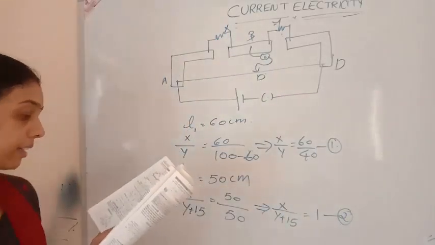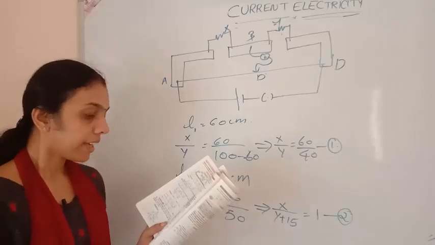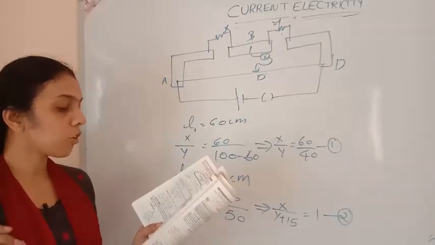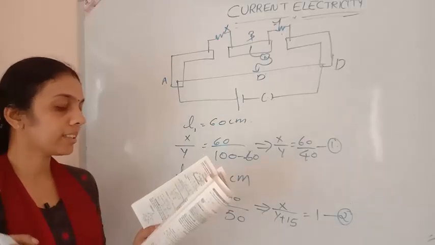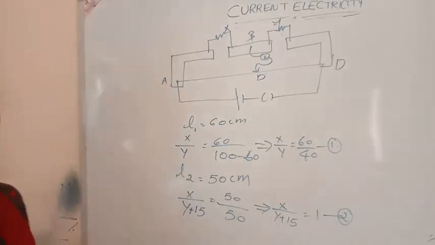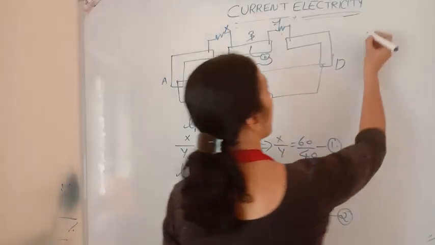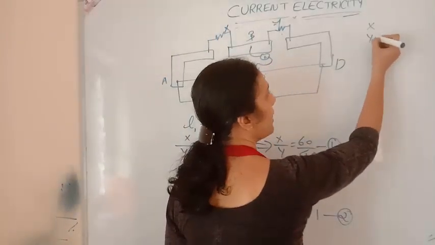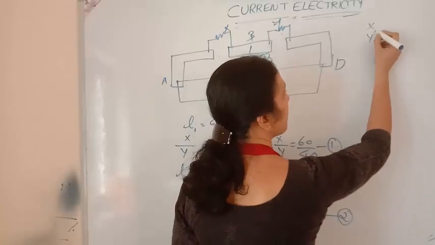Next we should find the position of the null point if the resistance of 30 ohm were connected in parallel with Y. Okay, so now X is given like that, and Y instead becomes Y dash.